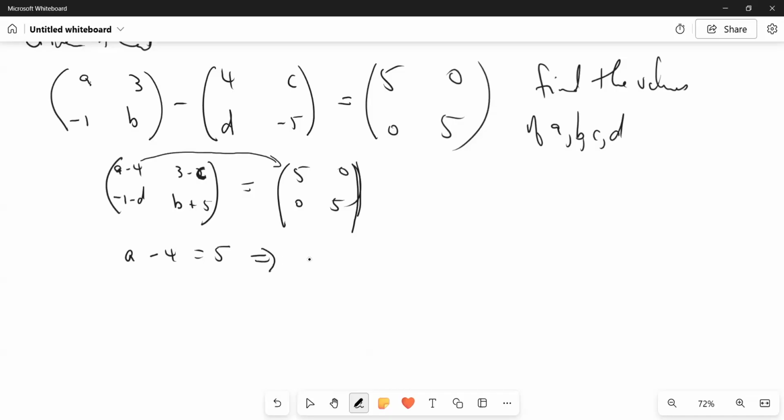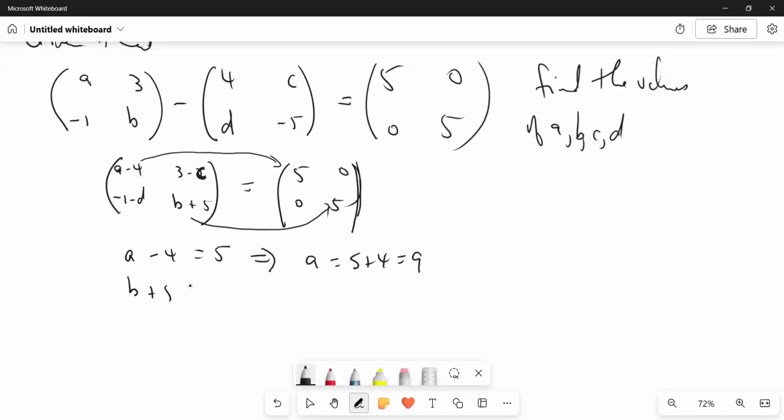That implies that A equals 5 plus 4, which is 9. You agree with that? Let's go with the B. B plus 5 equals 5, right? That implies that B equals 0, not so?